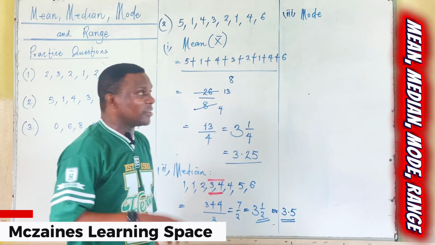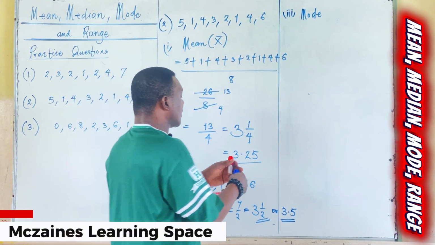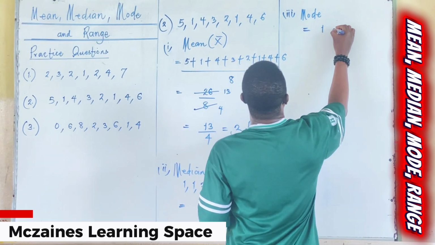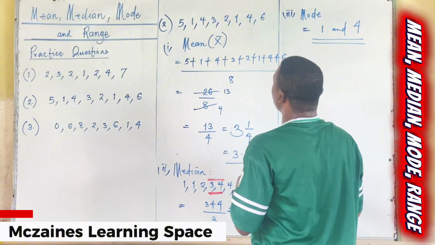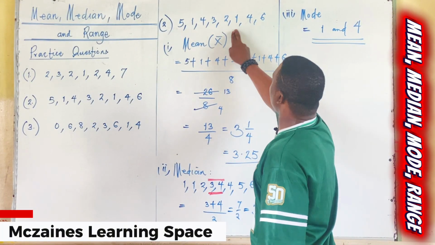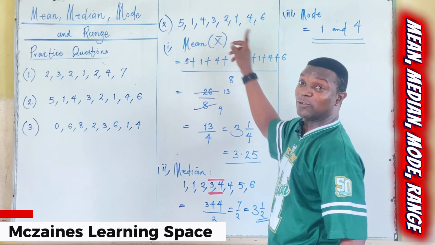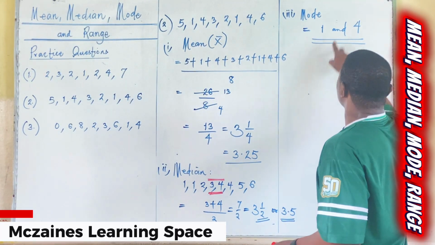So 2 numbers stand in the place of mode for this problem. So in this case, our mode is equal to 1 and 4.